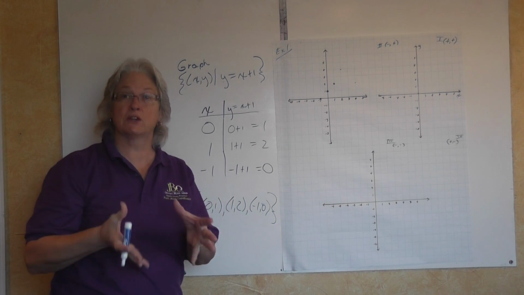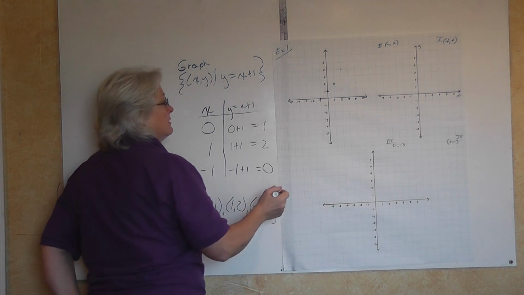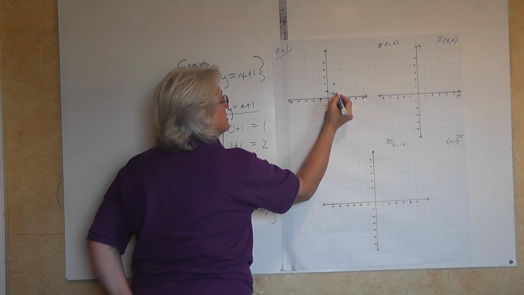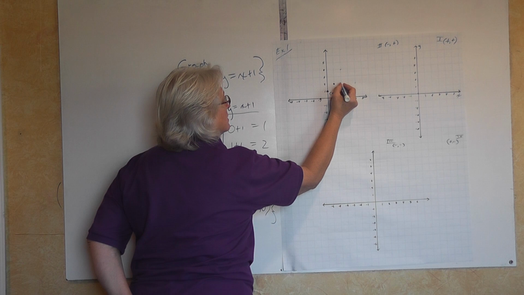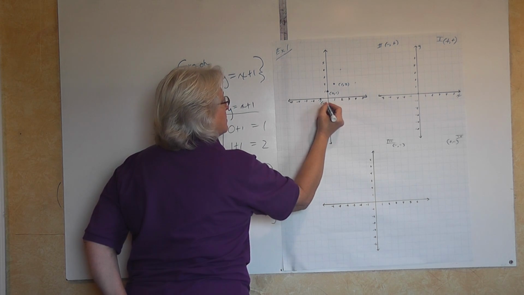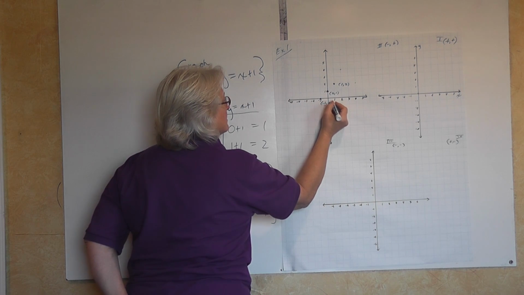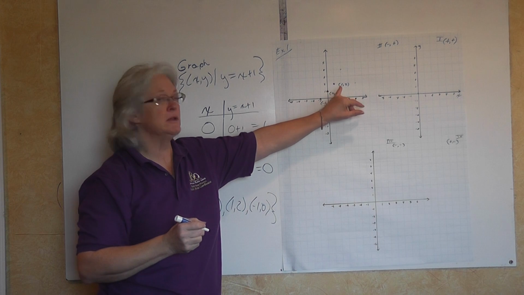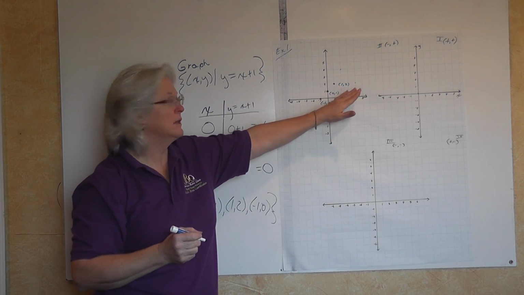And you would want to make sure that you identify the location of these points. So this is (0, 1). This is (1, 2). And this point down here at the bottom is (negative 1, 0). We've plotted our points and we have labeled them.